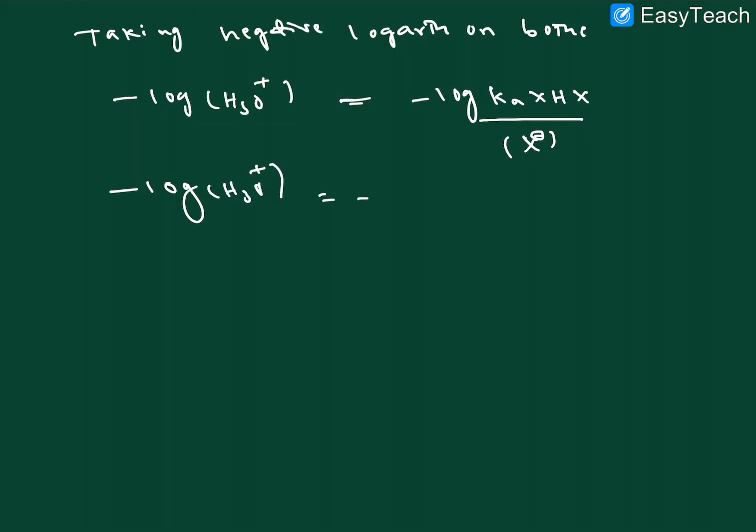So this equation we can also write as negative logarithm of H plus concentration equals negative logarithm of Ka minus negative logarithm of HX, plus, since the fraction is inverted, minus becoming plus, the positive logarithm of X minus ion, right?